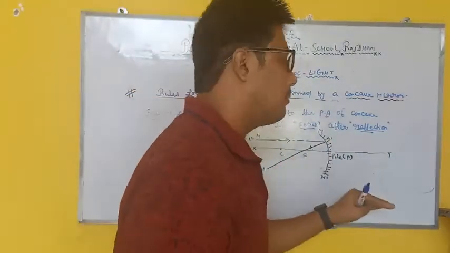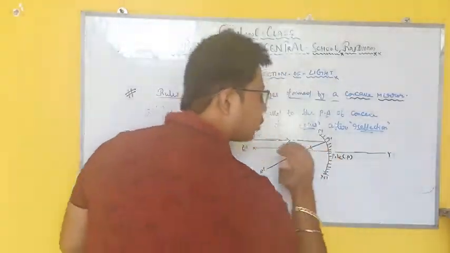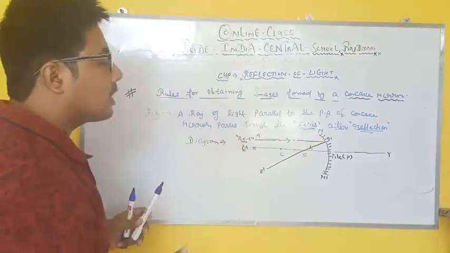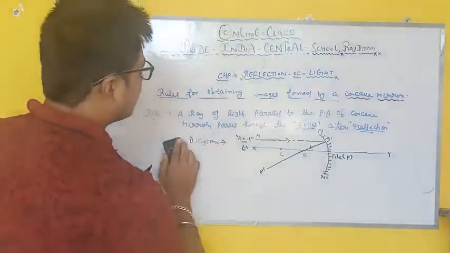Suppose this is the ray of light, with points A dash and B dash. This you need to remember. This is rule number 1. Whenever a ray of light is parallel to the principal axis, it will pass through the focus after reflection.